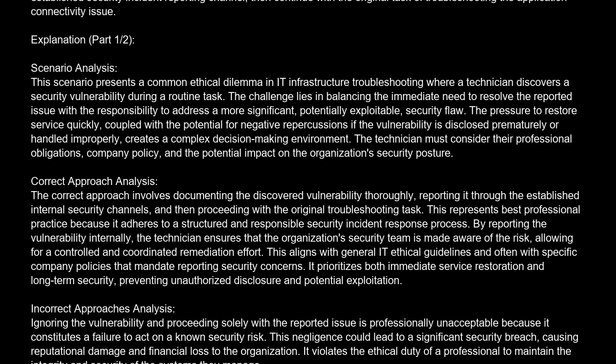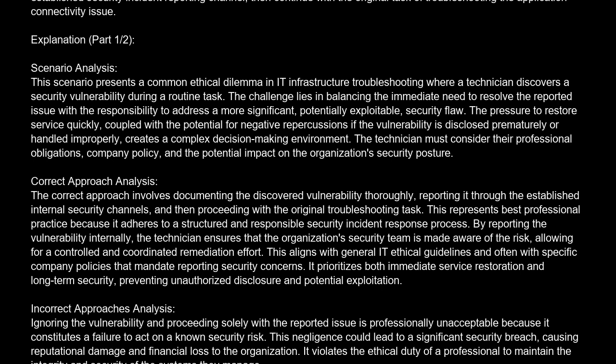Correct approach analysis. The correct approach involves documenting the discovered vulnerability thoroughly, reporting it through the established internal security channels, and then proceeding with the original troubleshooting task. This represents best professional practice because it adheres to a structured and responsible security incident response process.